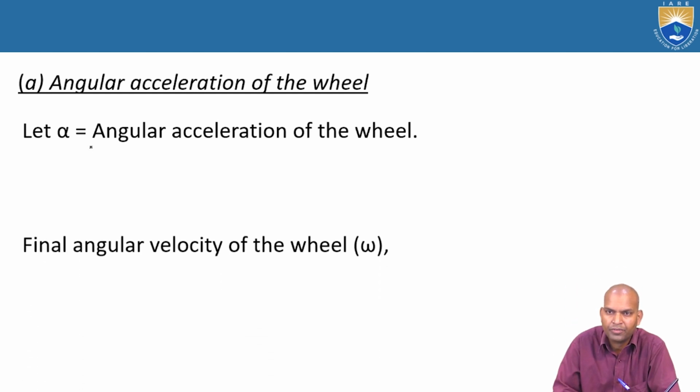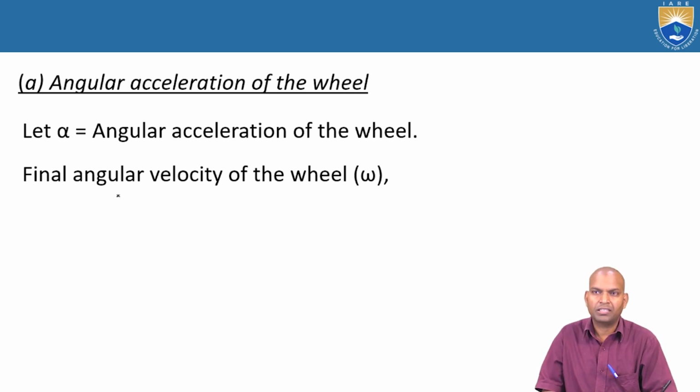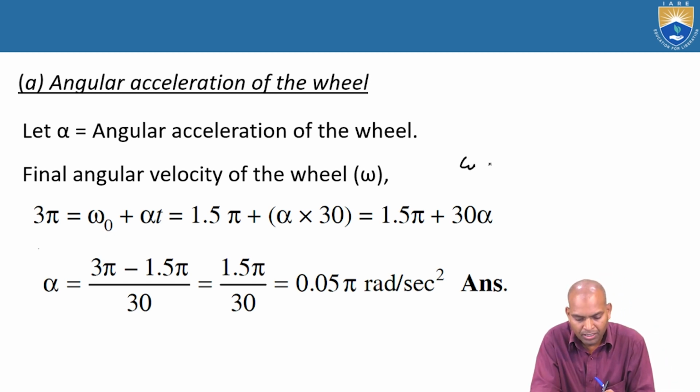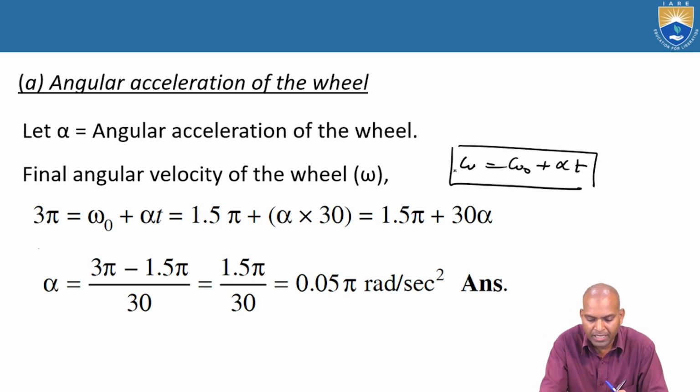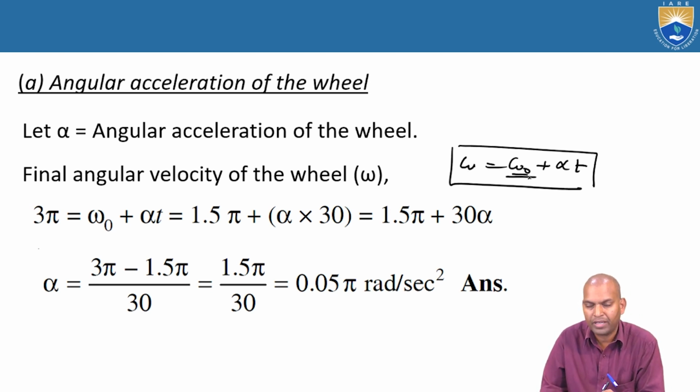We have to use the final angular velocity of the wheel, omega. The equation is omega equals omega naught plus alpha times t, like v equals u plus a t. So 3 pi, the final angular velocity, equals the initial angular velocity 1.5 pi plus alpha times t.